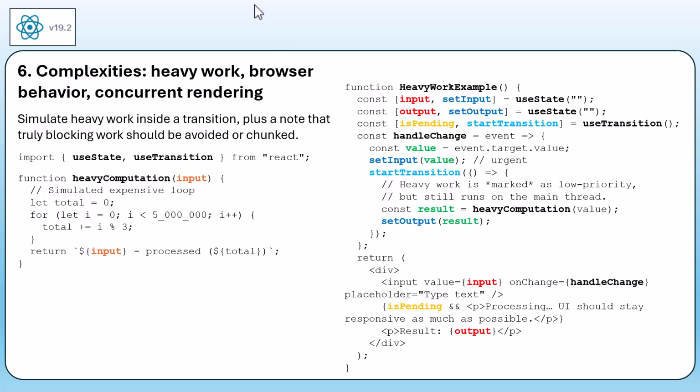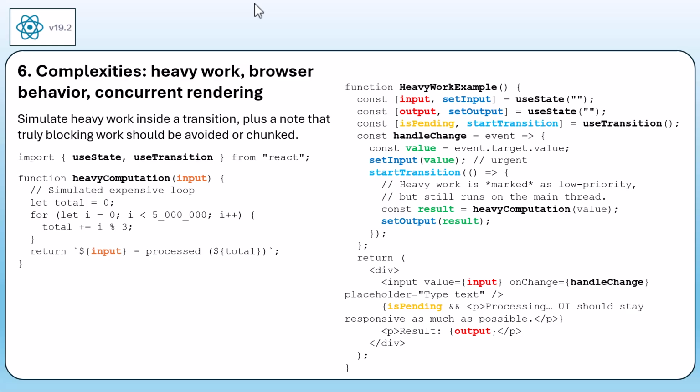6. Complexities: heavy work, browser behavior, and concurrent rendering. Because you are dealing with deferred work, several extra factors come into play. For example, you must ensure that your heavy work is truly something you can defer. If you still block the main thread, the UI remains unresponsive. Also, you need to be aware of how React's concurrent rendering mode works.